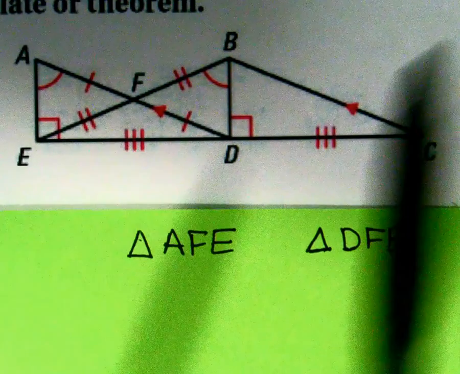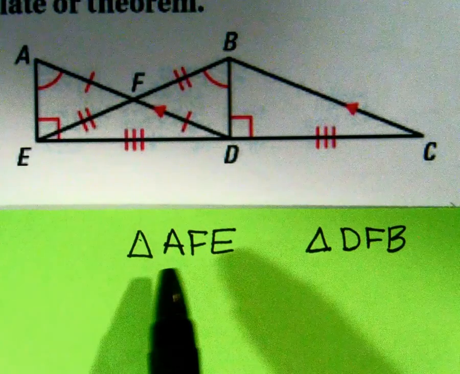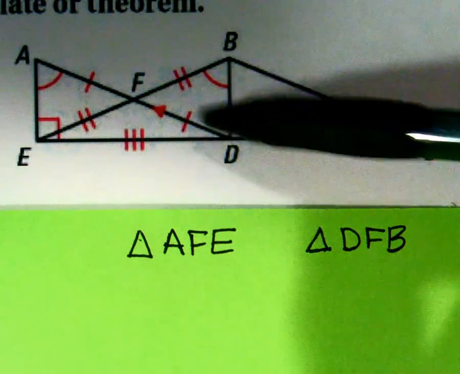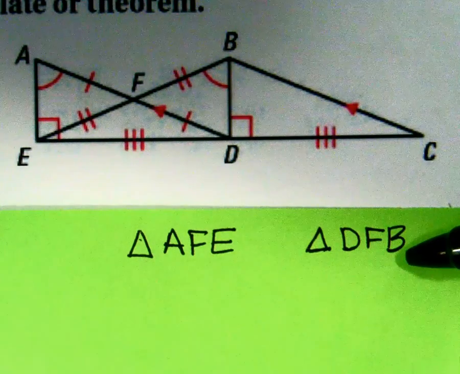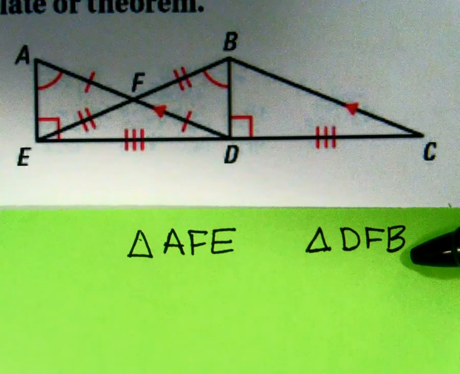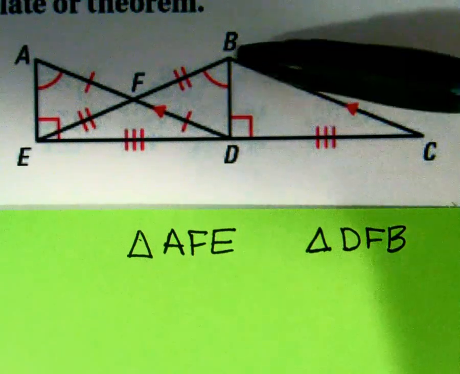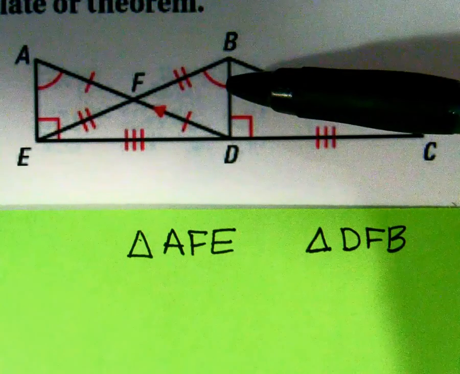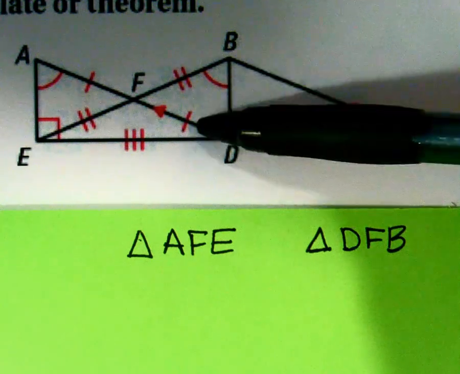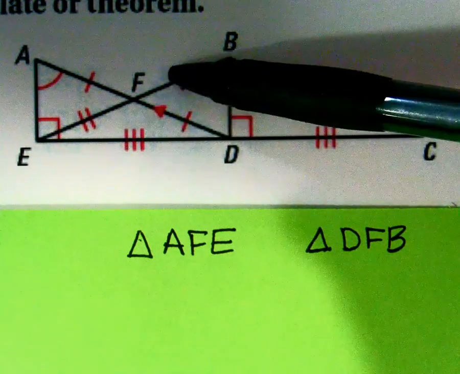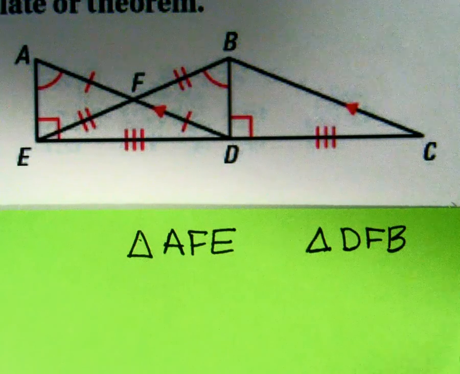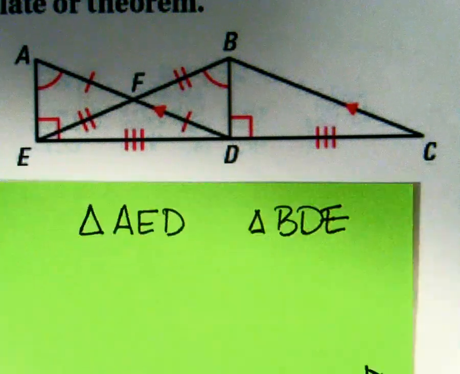Because when you read here the designation of what is corresponding by how it's written in the congruence statement, you can see that it's just not going to work. Okay? If you try to do it with what's here, you'll have angle, angle, you'll have side, side, angle, which doesn't work. Okay, next one up.